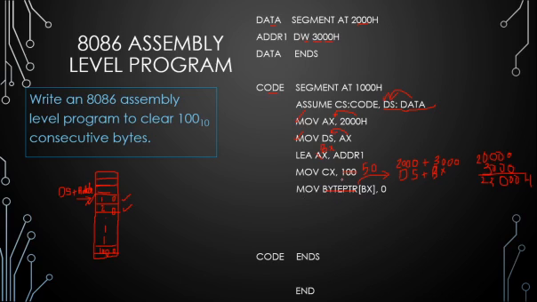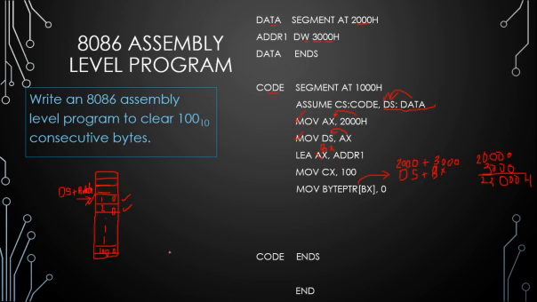Okay, and for this particular example we have taken a byte pointer, so we need not write 50, it is 100 itself. Okay, and let us see what is the next step.